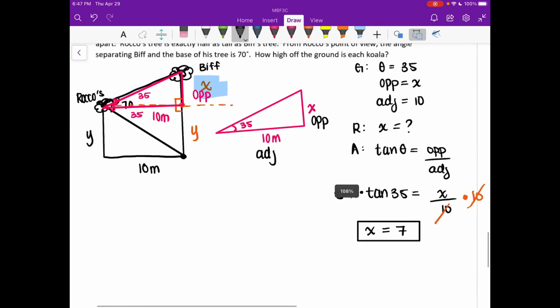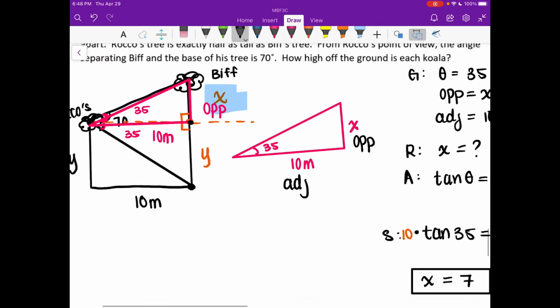So I know that X is how much taller this tree is than Biff's tree, or sorry, Rocco's tree, right? But I also know from before that X and Y are the same height, because the second tree is double the amount. So I know X and Y are the same.